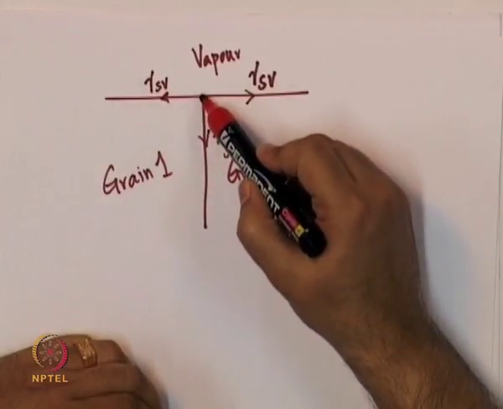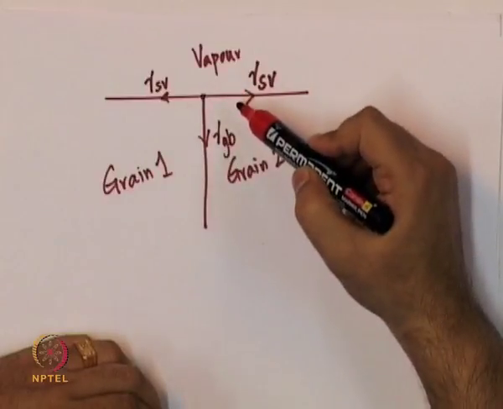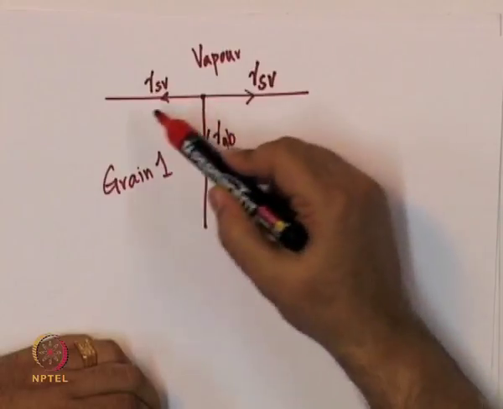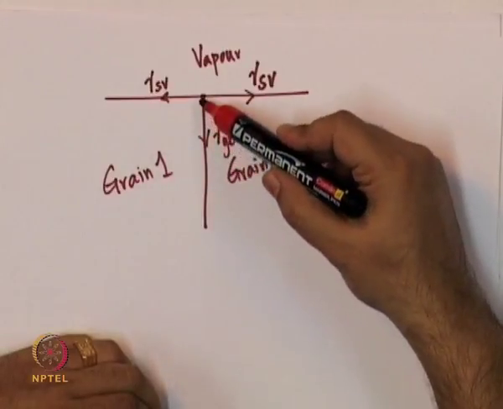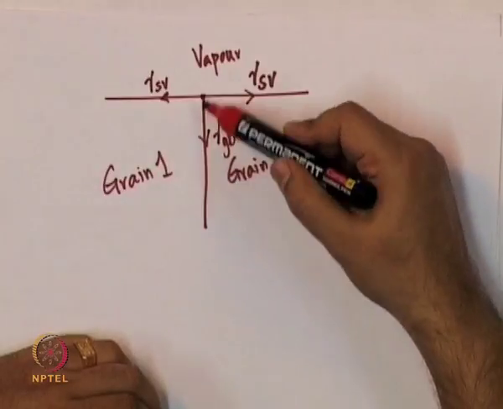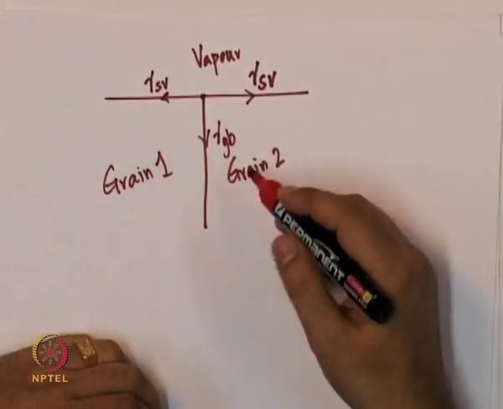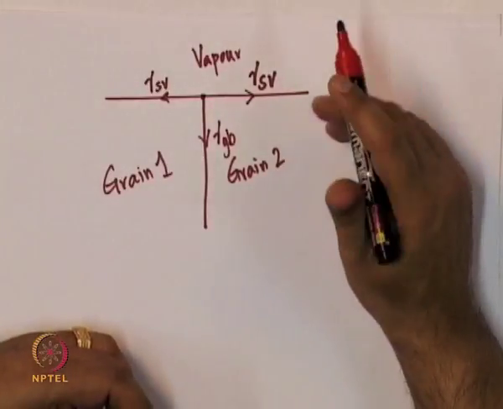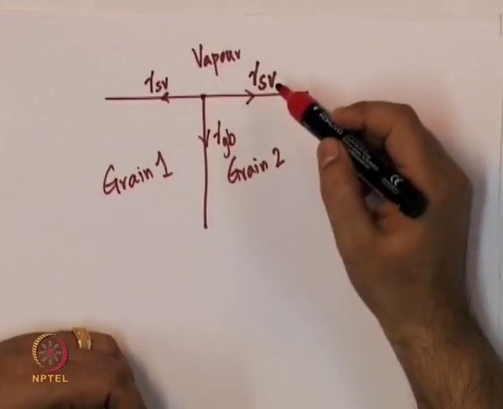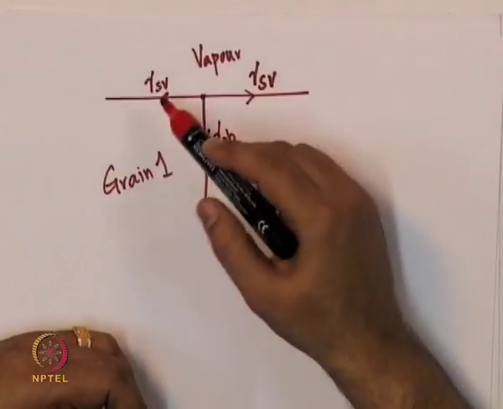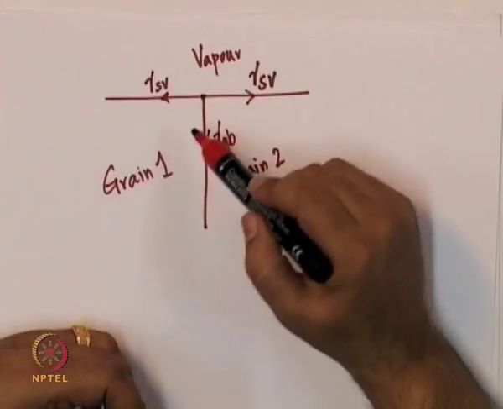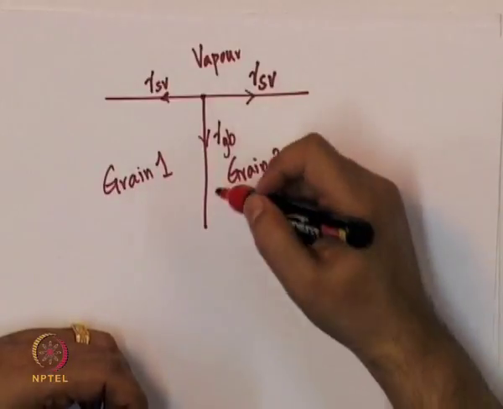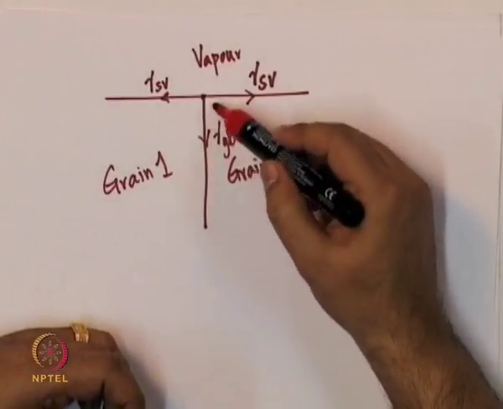Now, as one can see, at this point there is an imbalance of forces, because this gamma SV and this gamma SV can cancel out each other, but this gamma grain boundary is unbalanced, right. So, these interfacial energies can be thought of like surface tensions. Let us assume that they are all isotropic, with no dependence on different grain boundaries, so the surface vapor energy and the grain boundary energy are like surface tensions. If you assume that, then these forces need to balance.